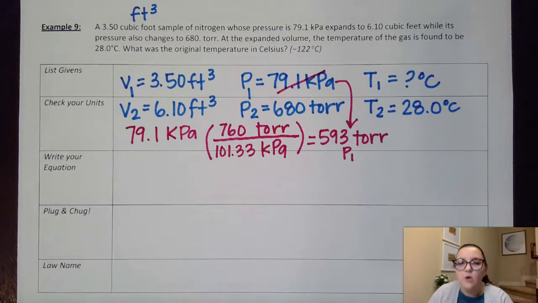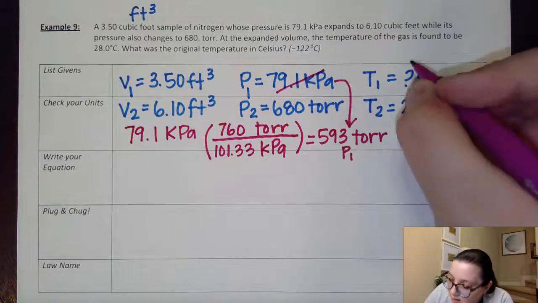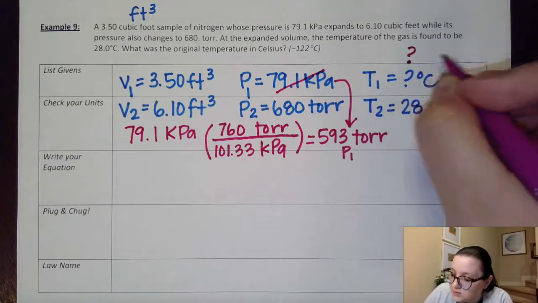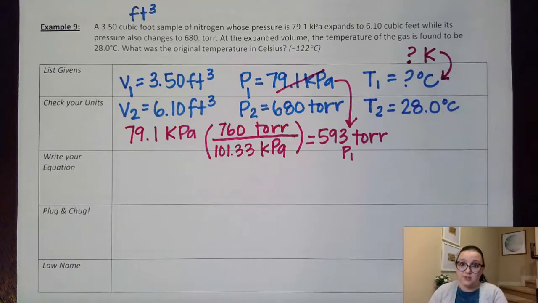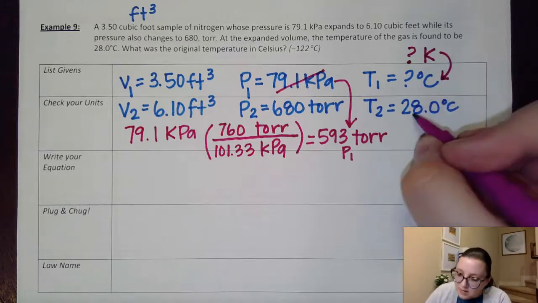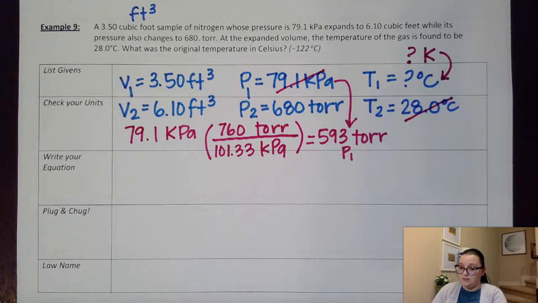So even though it wants the answer in degrees Celsius, we are going to have to figure out the answer in Kelvin and then convert it back to degrees Celsius. That proportion has to be set up in Kelvin, which means I've got to convert this to Kelvin as well.